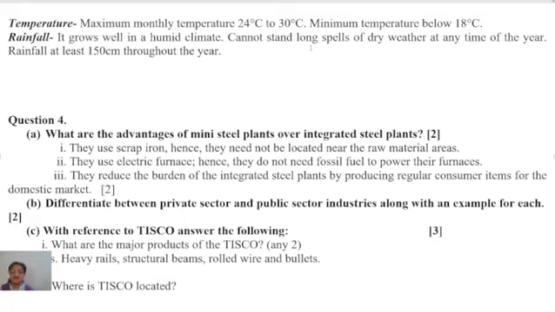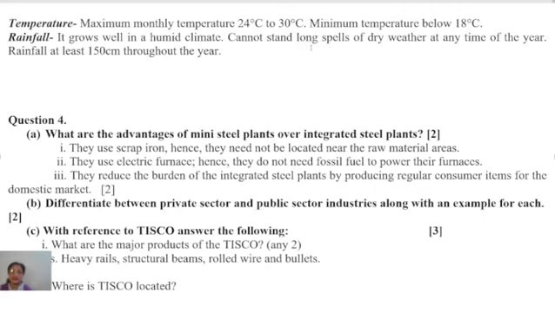One more difference you can say: in private sector industries, the production, and whatever profit or loss there is, is taken up by the private firm which owns that particular industry, right?